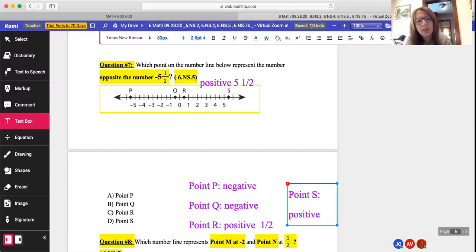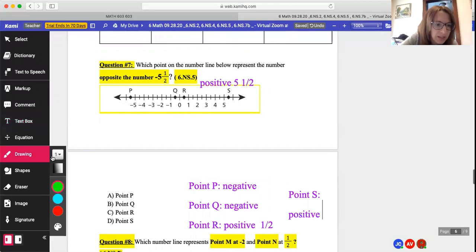And now in between 5, we have a 6 over here. I'm going to draw the number 6 right here for you. And in between 5 and 6 lays 5.5. So clearly you circle choice D for point S.